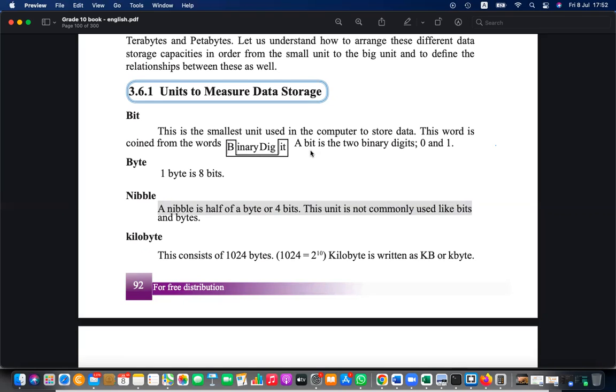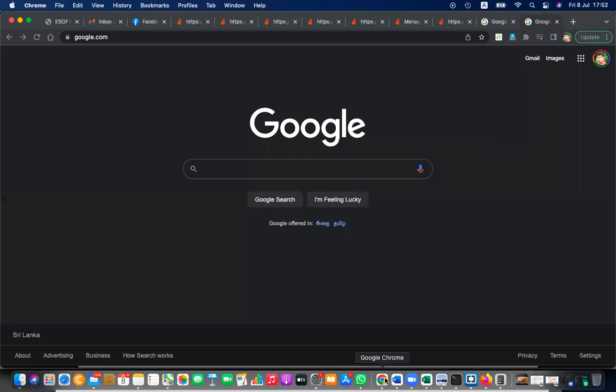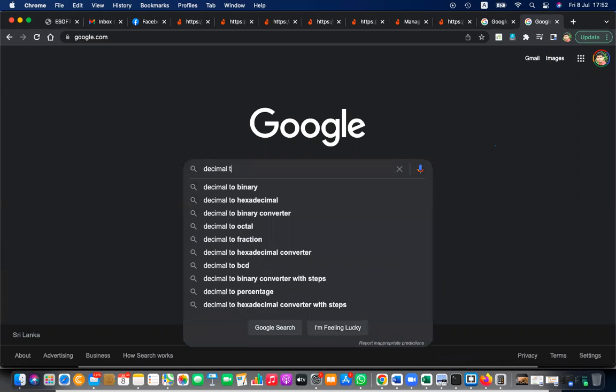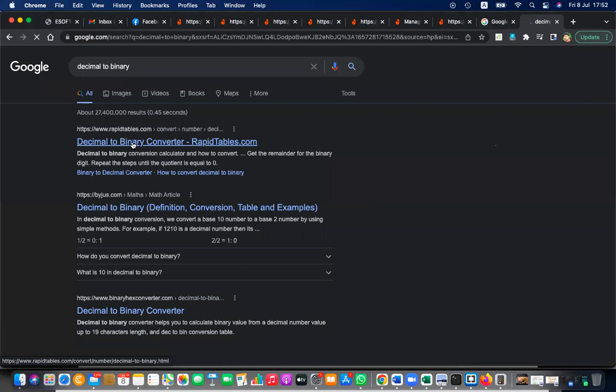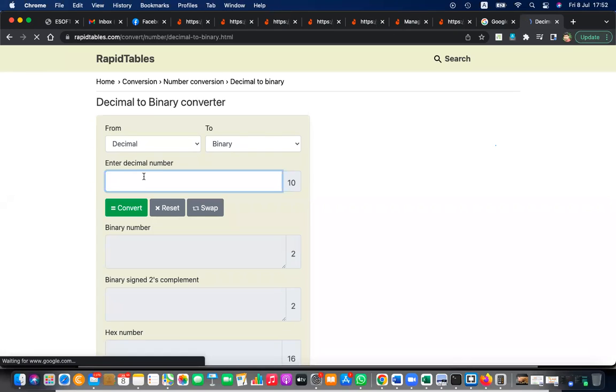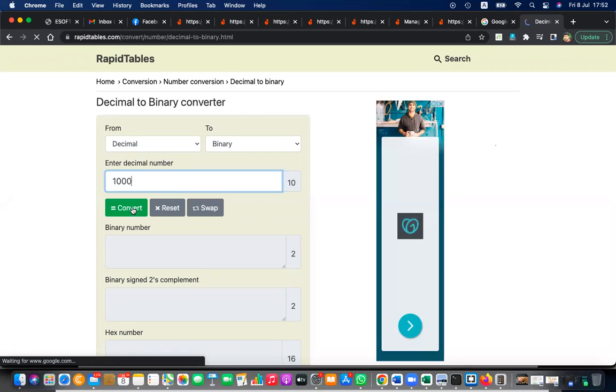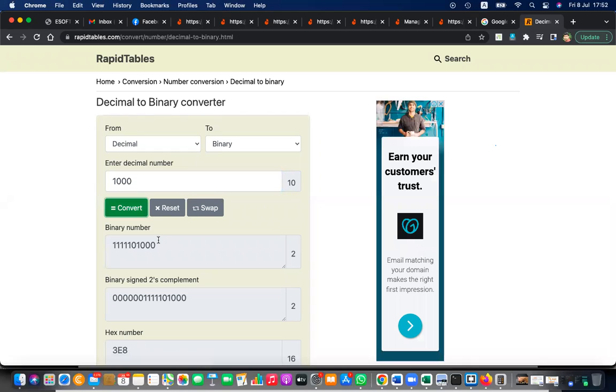So if you write 1000 in binary, you will get something messy. Let's see what 1000 is in binary. Decimal to binary, there are websites we can use to convert. So let's write 1000 in decimal, and when you convert, this is the binary number. It doesn't come out as a clean value. But if you take 1024, it comes as a full value.